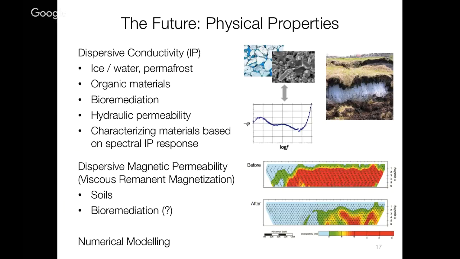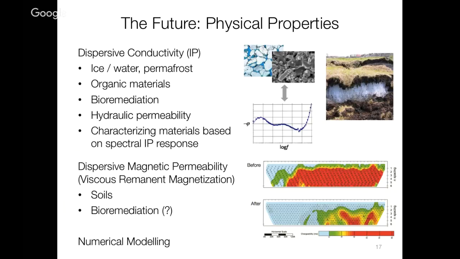But there's large potential for ice, water, permafrost, bioremediation. Measuring hydraulic permeability is something that people have been working on for a long time. Basically, look at the imaginary part of the complex conductivity, and there is a relationship to hydraulic permeability. So if you could find that, and if that could be reliably estimated, that would be huge.